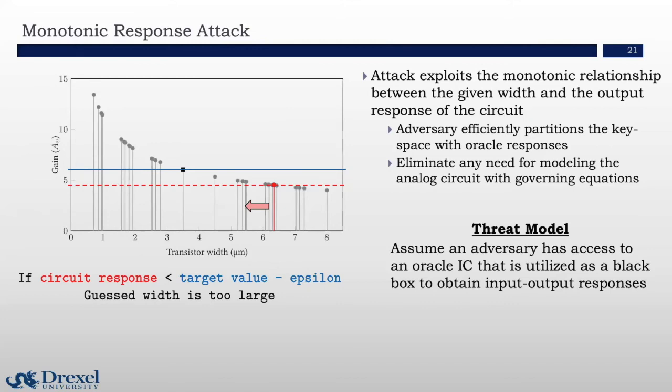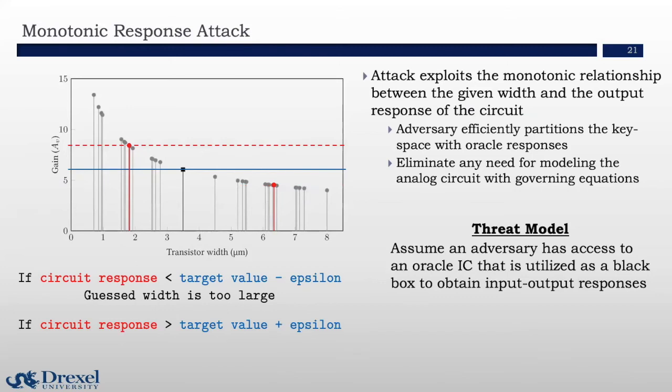Similarly, if the randomly selected width produces a circuit response that is greater than the target value plus epsilon, then the algorithm knows that the selected width is too small, and constraints are added to look for a width that is larger than the guessed width. The threat model for the attack is that an adversary has an Oracle IC that is used as a black box to obtain the input-output responses.